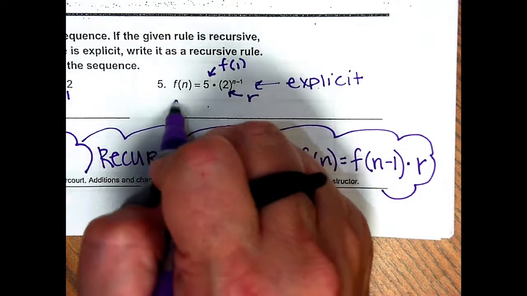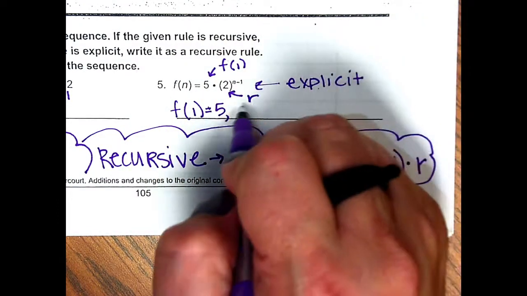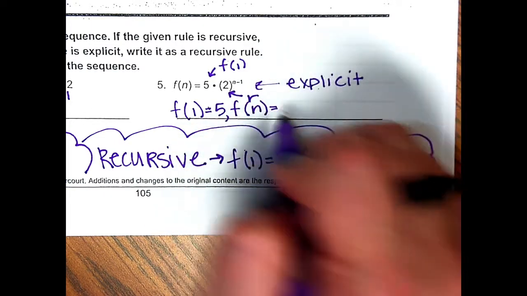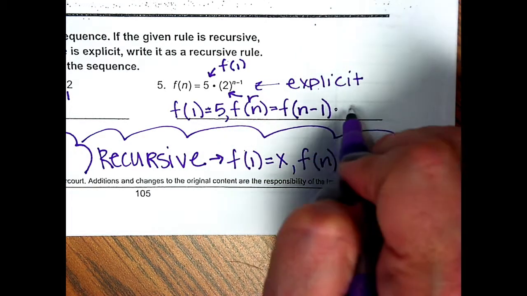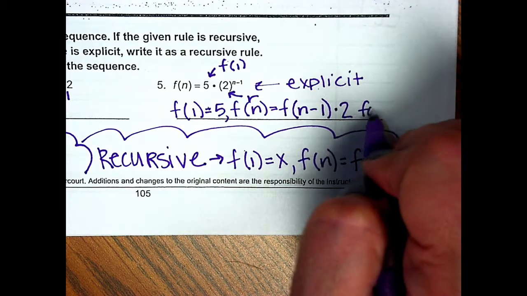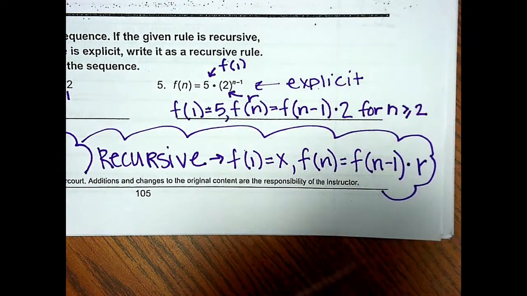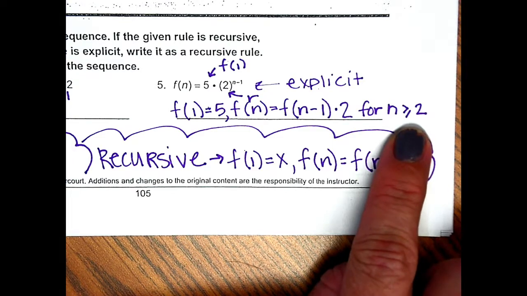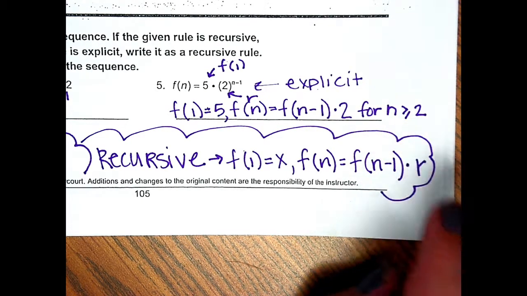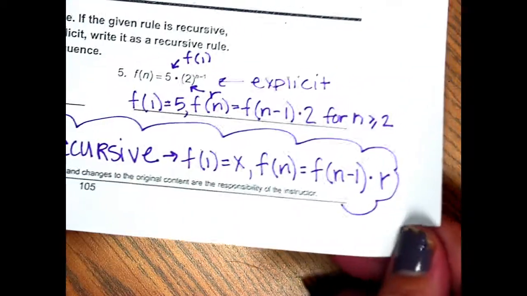So f of 1 equals 5, and f of n equals f of n minus 1 times 2, for n greater than or equal to 2. What that means is this won't find the first term, but it will work to find terms 2 on up. It is not the ratio.